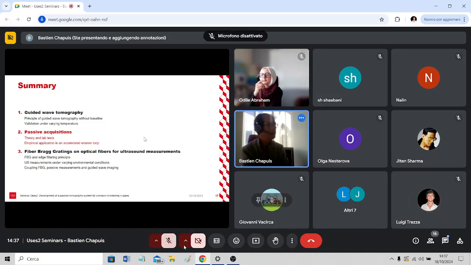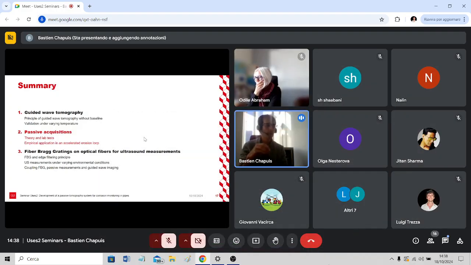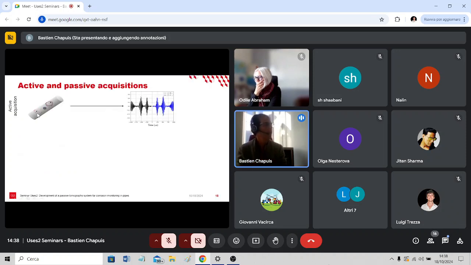So here, all that I have presented so far is active tomography. I will just show you that. I use one piezoelectric transducer to emit the wave in the structure, and another piezoelectric transducer to receive it.